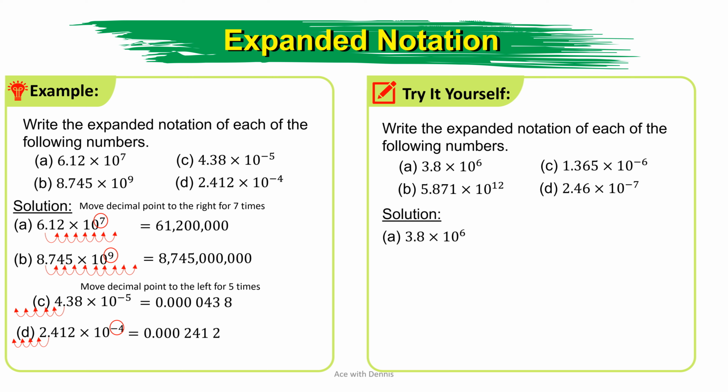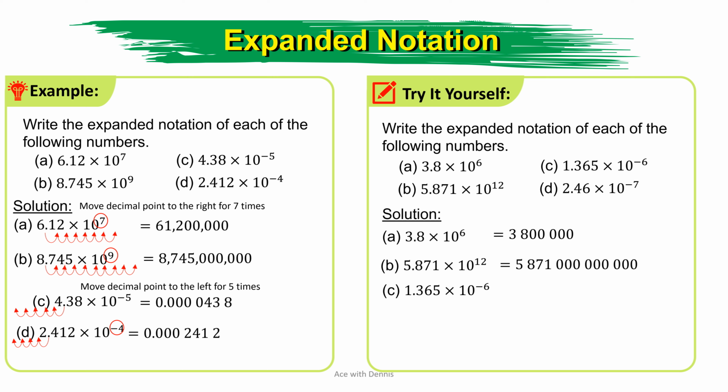Alright, here's the solution. For A, 3.8 times 10 to the power 6. The answer is 3,800,000. For B, 5.871 times 10 to the power 12. The answer is 5,871 billion.